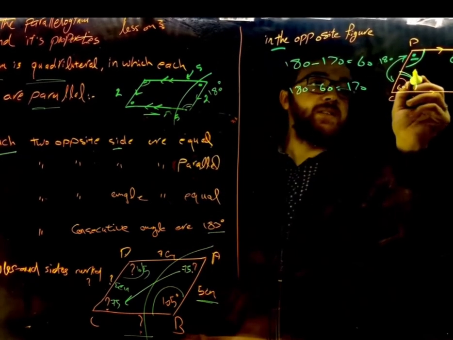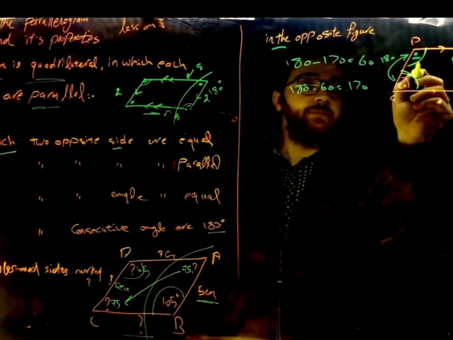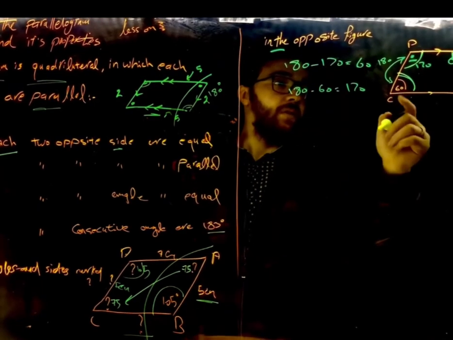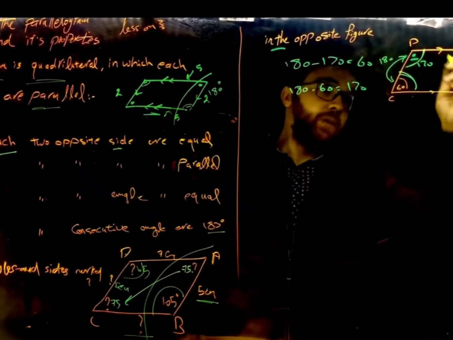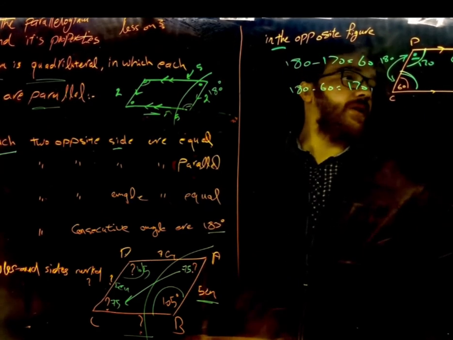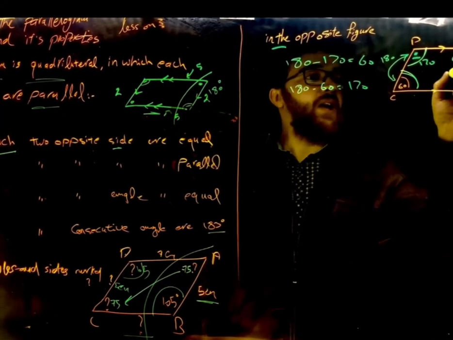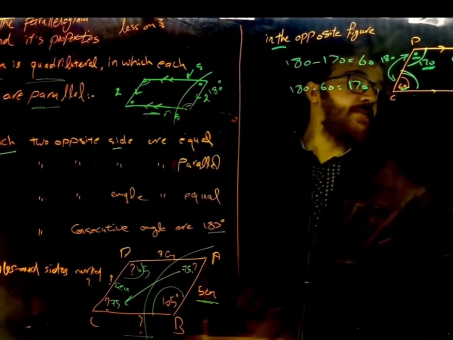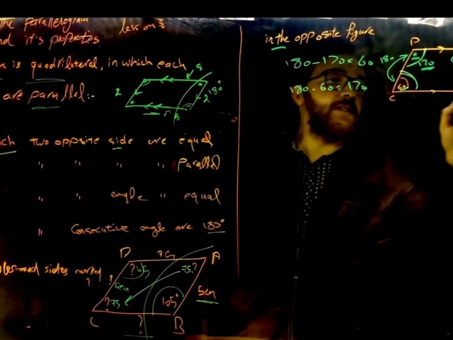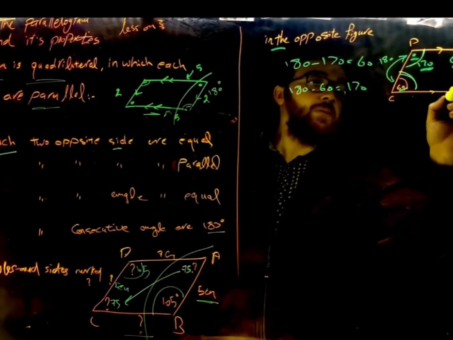Then this angle is equal to 120. The sum of the four angles of the shape equals 360. If we add 60 plus 120 plus 60 and subtract from 360, this angle will equal 120.